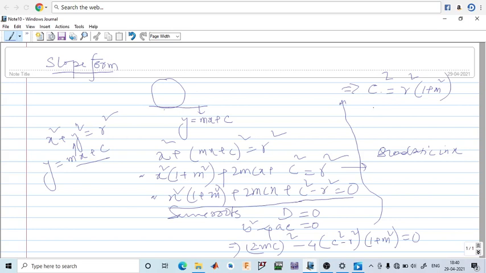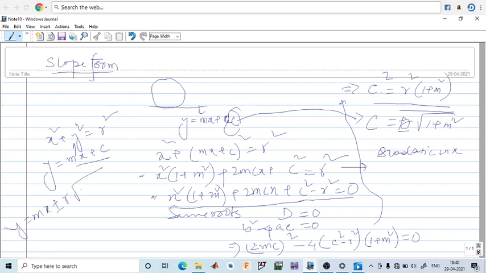Then c equals plus or minus r root (1 plus m square). Replacing c with this term, y equals mx plus or minus r root (1 plus m square). This is also called the equation of tangent in slope form, right?